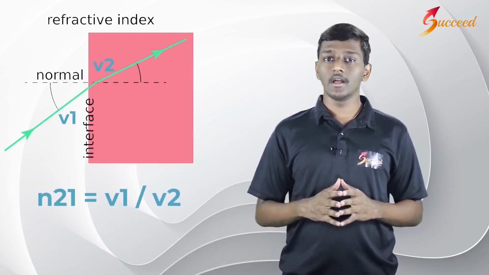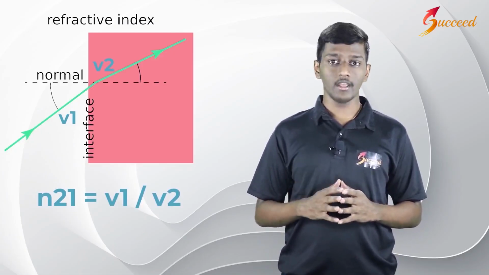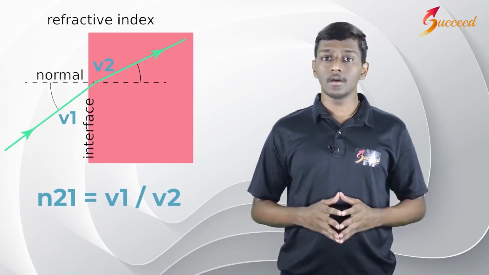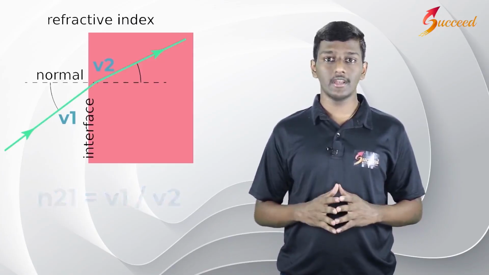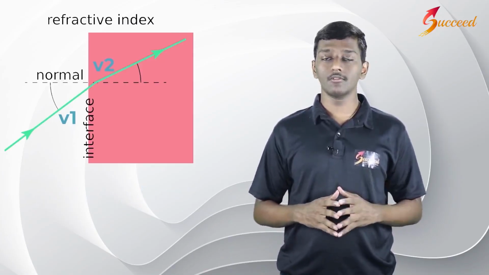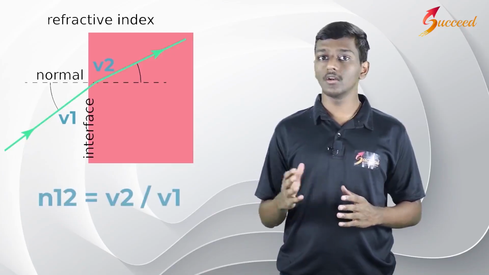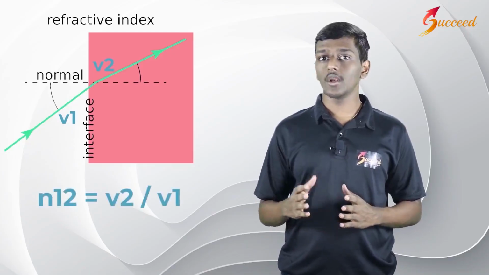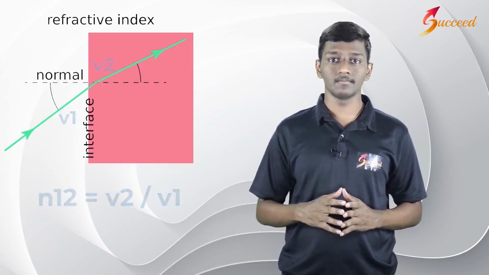That is, n21 is equal to v1 by v2. By the same argument, we can say that the refractive index of medium 1 with respect to medium 2 is given by n12. That is, n12 is equal to v2 by v1.